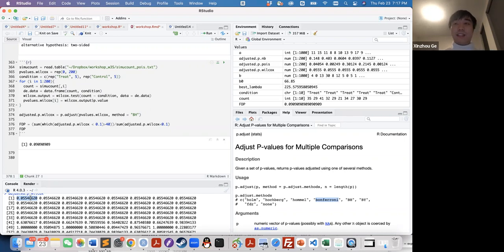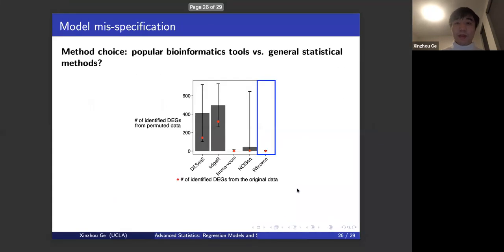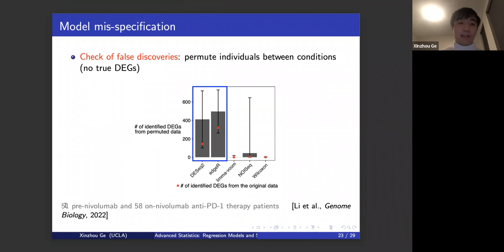That is, when the sample size is small, we cannot use this method because it doesn't have power. But when the sample size is large, it will have larger power. When we have enough sample size, for example, in this case, when we have 51 samples from one condition and 58 samples from another condition, the Wilcoxon test will be very useful because, first, it does not have any model assumptions, so it will not have the problem of model misspecification.